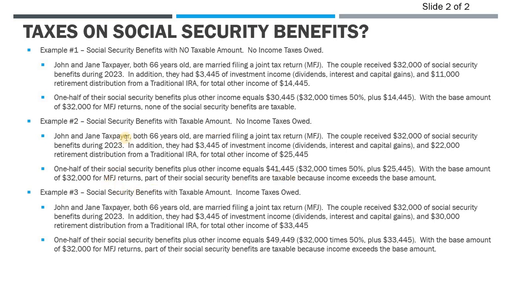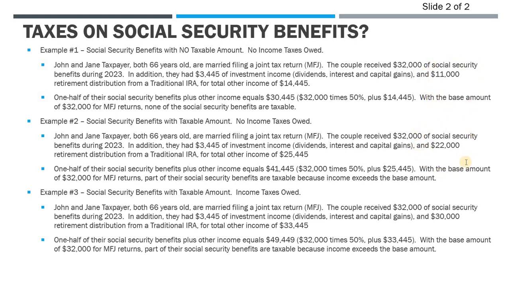So in this one, our benefits are going to have a taxable amount, but we're still not going to owe any income taxes. So we have the same fact pattern here, $32,000 of Social Security benefits, $3,445 of investment income, but in this one, our traditional IRA distribution was $22,000 instead of the $11,000.